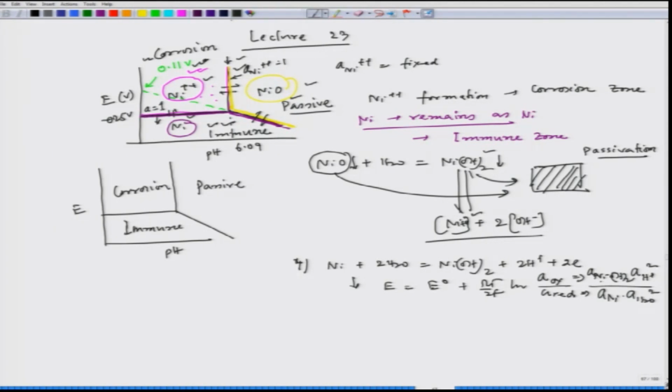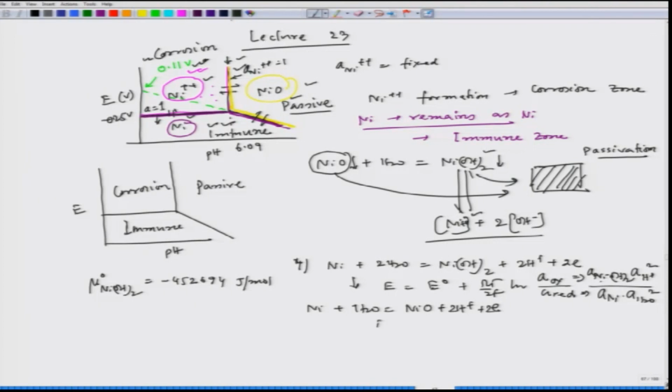And if you do the same calculations, because if you take the chemical potential value of Ni(OH)2, which is nothing but minus 452,694 joule per mole, you will generate the same equation that we had for this reaction.